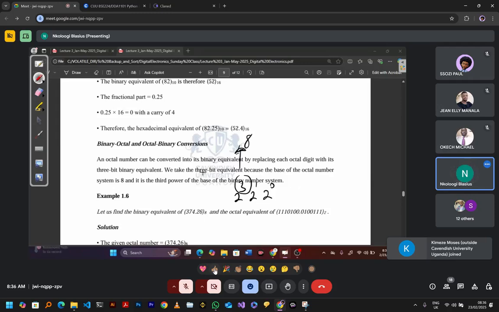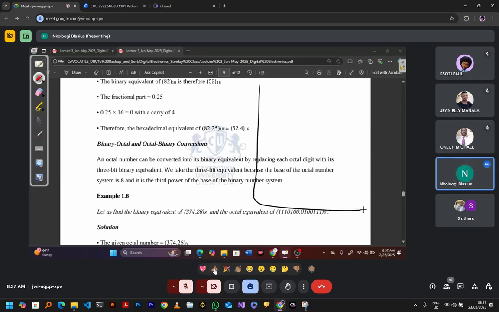Okay? So when we group, there are again some rules that we are going to focus on. Let us learn by doing. The number we want to learn how to convert to binary is in base 8. This is 374.2.